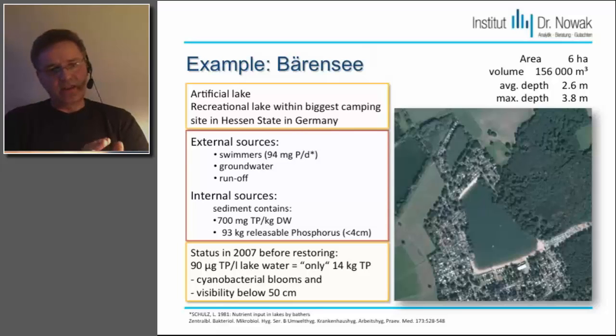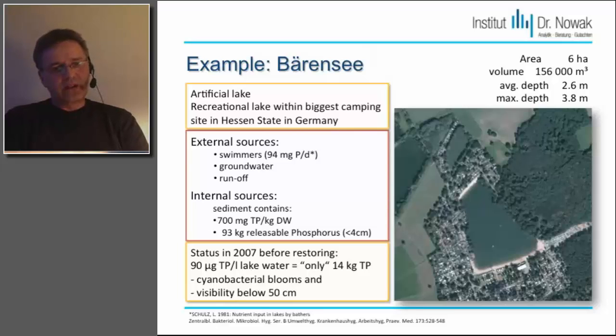There are more than 3,000 swimmers per day in the year, and each swimmer can bring in to the lake 94 milligrams phosphorus per day. That's a very important source for phosphate and nutrients in the small water body.